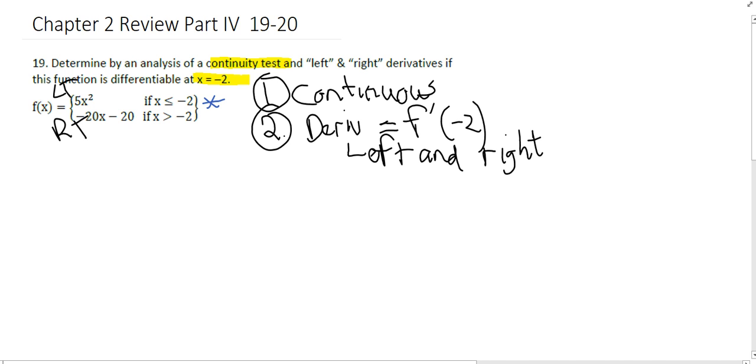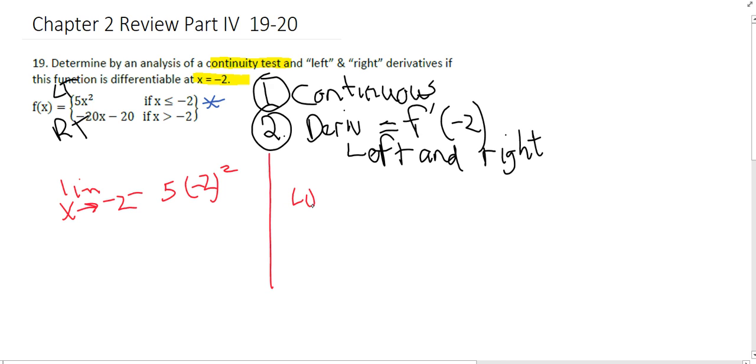So how are we going to check for continuity? Well, pretty simply, we're just going to plug in. We're going to look at the limit as x approaches -2 from the left, and we're going to simply use 5x squared and plug in -2.